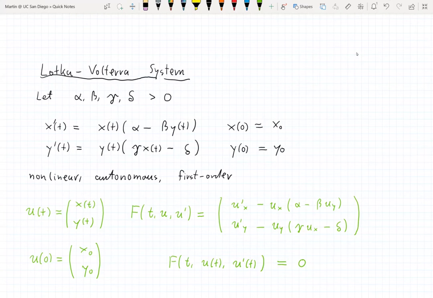We have x prime of t equal x of t times alpha minus beta y of t, and y prime of t equal y of t times gamma x of t minus delta, with initial conditions at time t equals 0, x of 0 equal x0 and y of 0 equal y0.